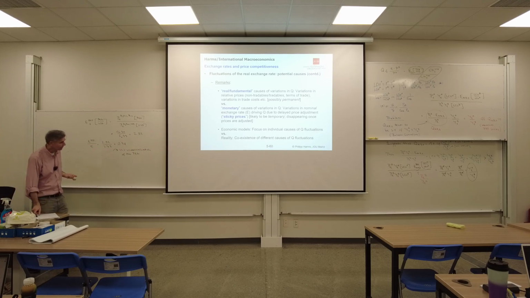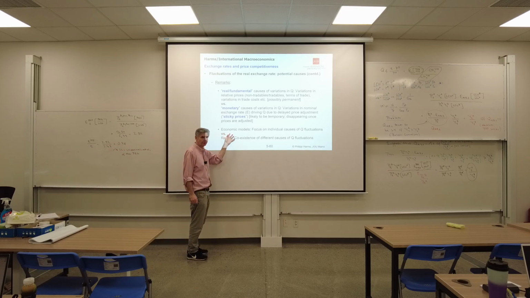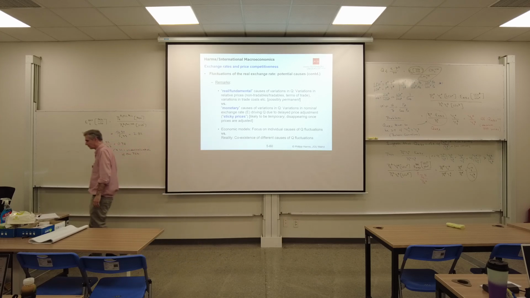In economic models, we focus on individual causes of real exchange rate fluctuations. In reality, these different forces coexist. And it's not easy to disentangle them, right? But life isn't easy. That's the way it is. And so we have to know that.